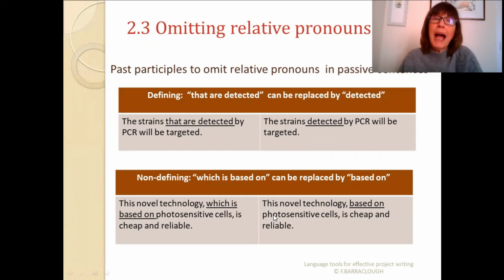Okay, so you have these in your handouts for you to refer to. And again, if you need to reduce words, you can look for that, which, who, and then hone in, see if you can replace them in this way.